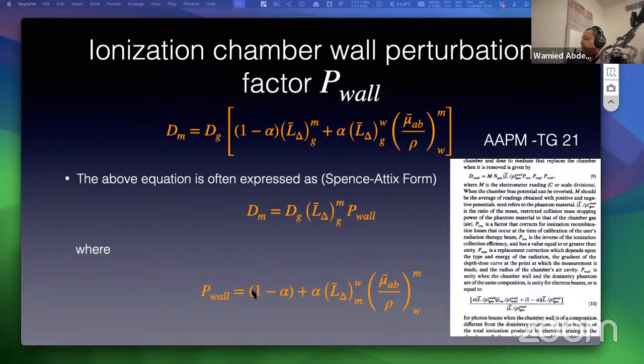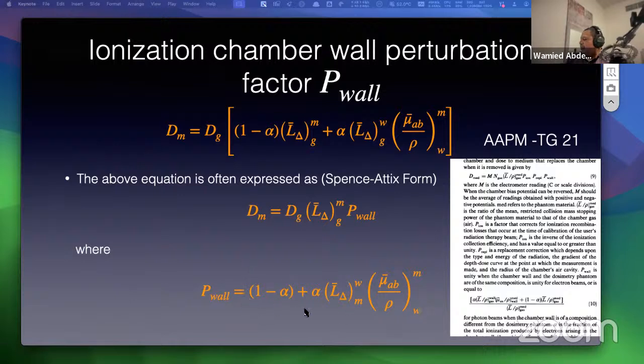So we end up with 1 minus alpha, this part, and then we have the alpha. Because these are ratios, we need to change this ratio. If you do that, this transforms into the restricted collision stopping power of wall to medium, multiplied by this factor, which is the mass energy absorption coefficient, medium to wall.